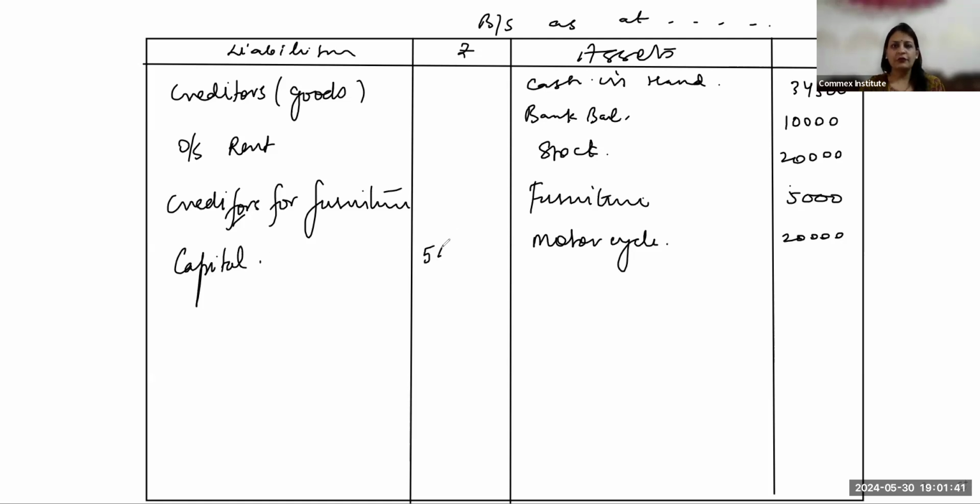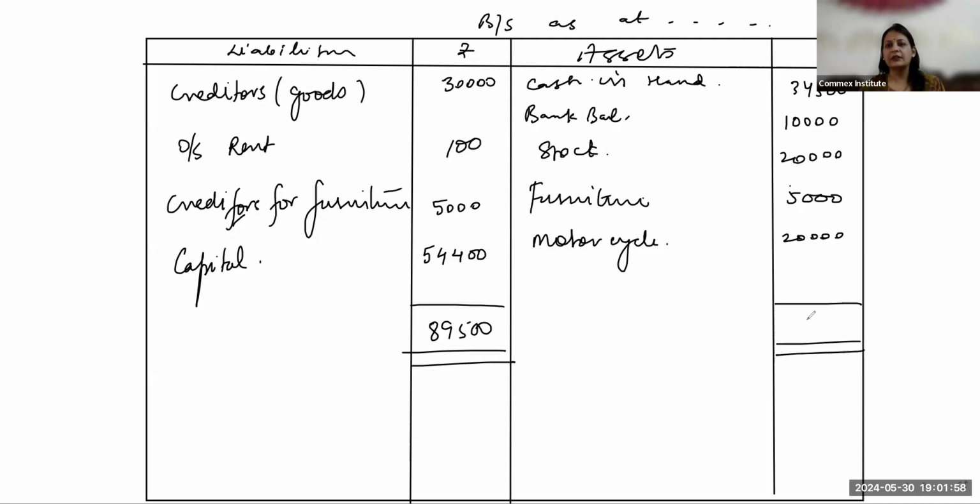Capital is 54,400. Creditors for furniture is 5,000. And we have the outstanding rent as 100. And the creditors for goods as 30,000. So both the sides we've got 89,500 and 89,500.